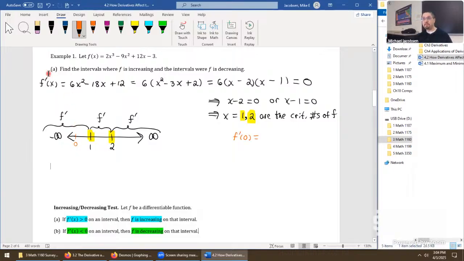F prime starts here, but in its most convenient form, it'd be this function because you can just throw 0 in there right away and get an output of 12. It's greater than 0, so that tells us f prime is greater than 0 here. And so we are increasing in that range from negative infinity to 1.